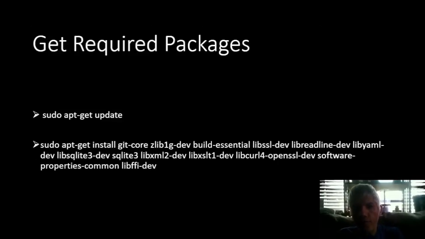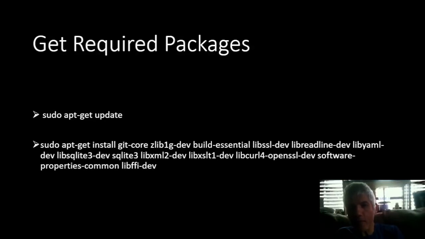In order to prepare our system to install Ruby on Rails, we're going to execute the sudo apt-get update command to update our installed packages to the latest version within the software repository. Then we're going to execute the sudo apt-get install command to install prerequisite packages required by Rails.